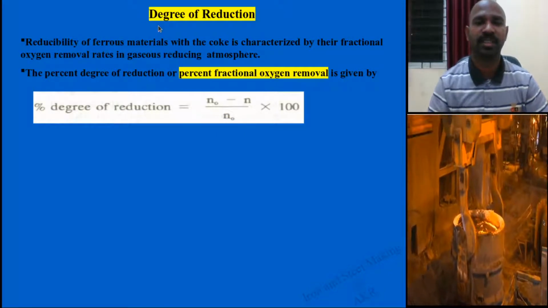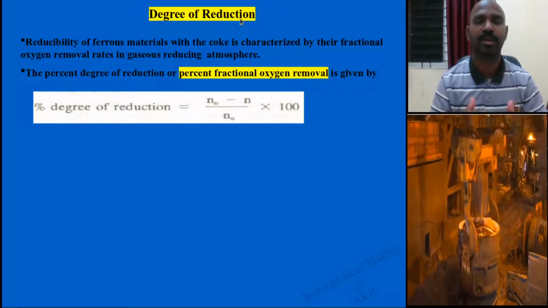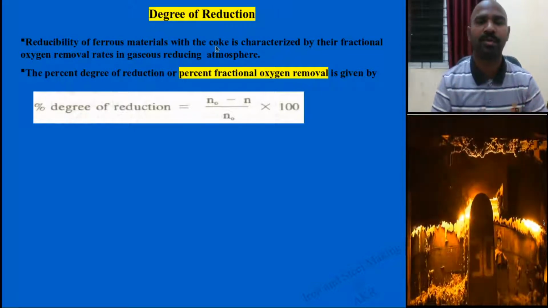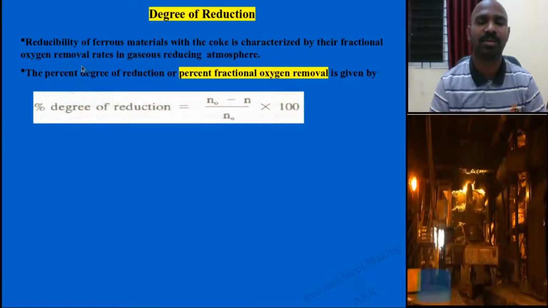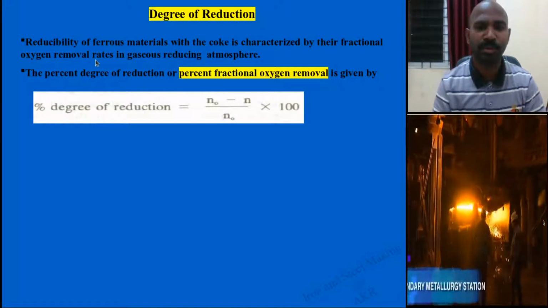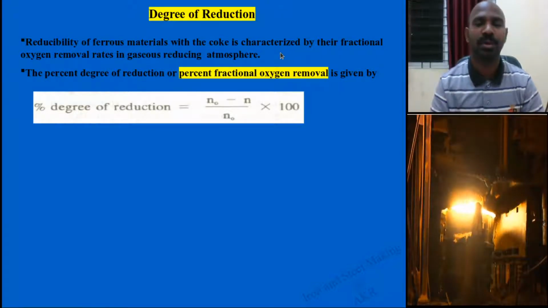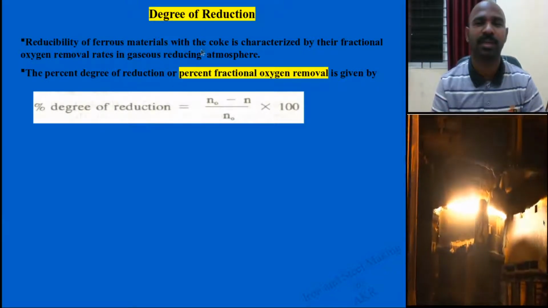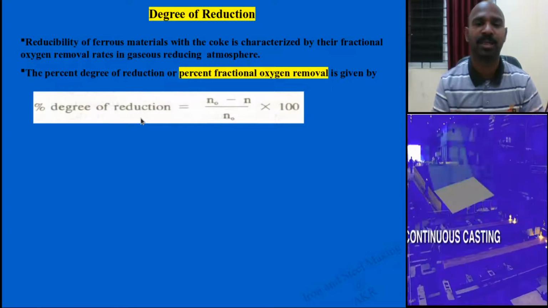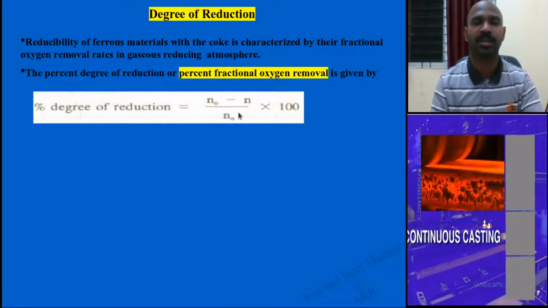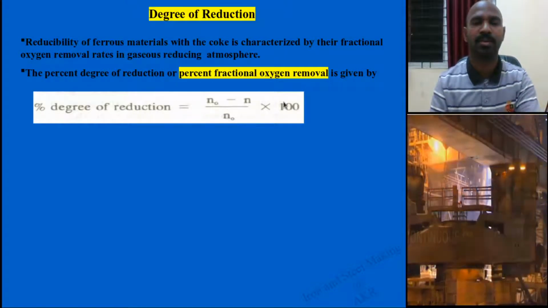Reducibility is characterized by degree of reduction. Ferrous material with the coke is characterized by fractional percentage of oxygen removal in a gaseous atmosphere such as CO and CO2. For degree of reduction, you can choose either parameter: N0 minus N by N0 into 100.